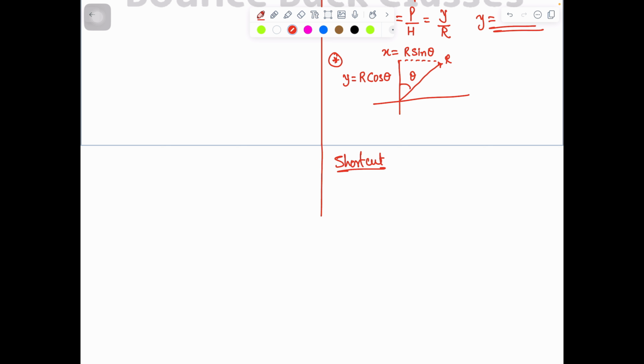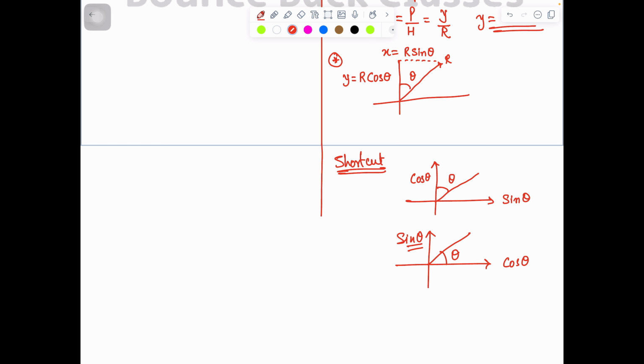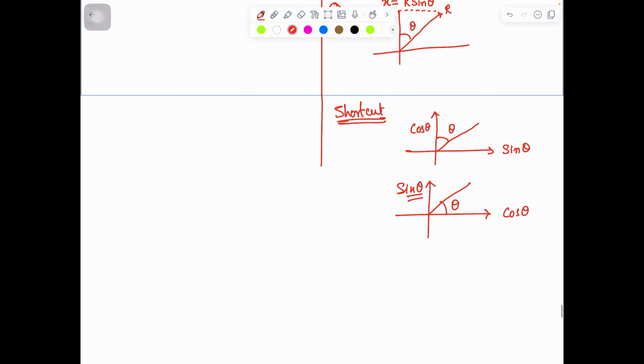You just need to check the theta. If theta is here, that line will become cos theta, and the opposite is sine. Clear? And if the angle is here with the x-axis, this side will be cos theta and this side will be sine theta. Fine, guys? Understand?